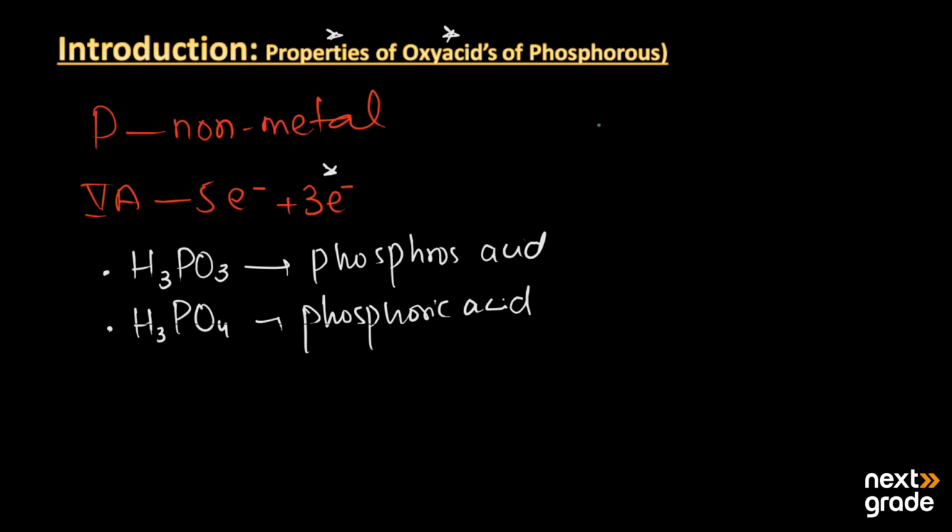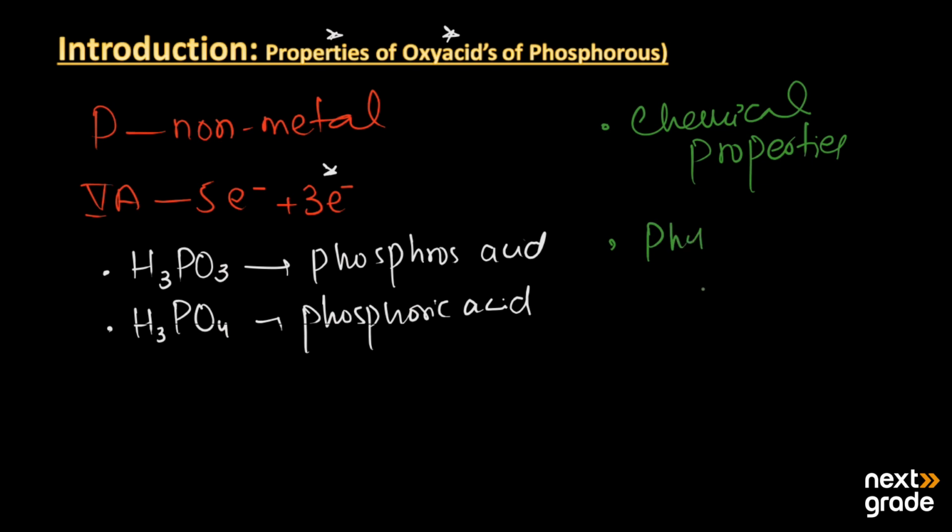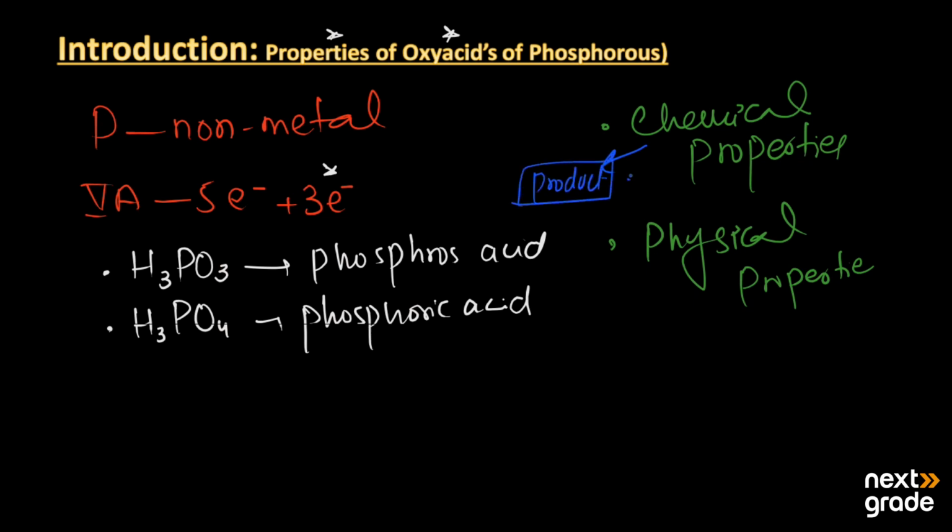The properties are of two types. Number one is their chemical properties, and the second type is their physical properties. In chemical properties, we check what type of products it can form and what its reactivity is with other substances.